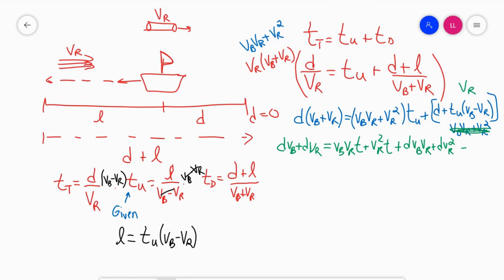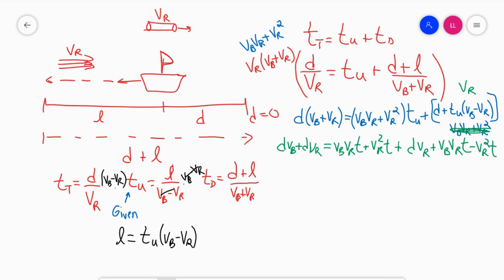So it's going to change: we get d VR plus VB VR T minus VR squared T.